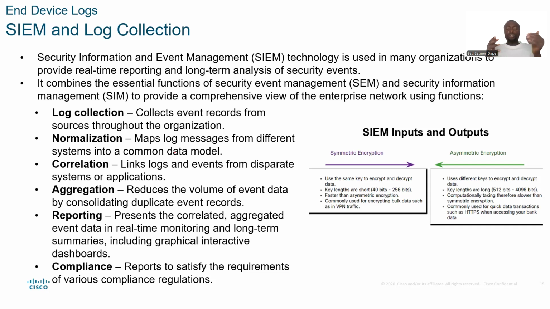It also does reporting and presents the correlated aggregated event data in real-time monitoring and long-term summaries, including a graphical interactive dashboard. So it shows you that we have this number of attacks, or we have a possible attack on this, or we have a vulnerability here that we need to work on.